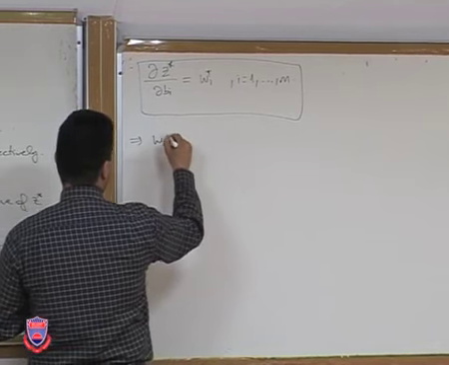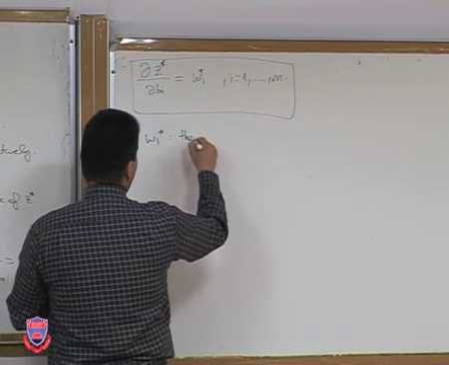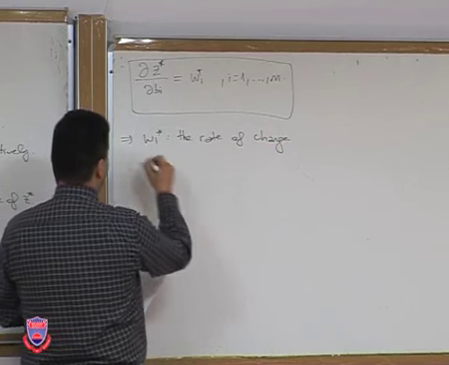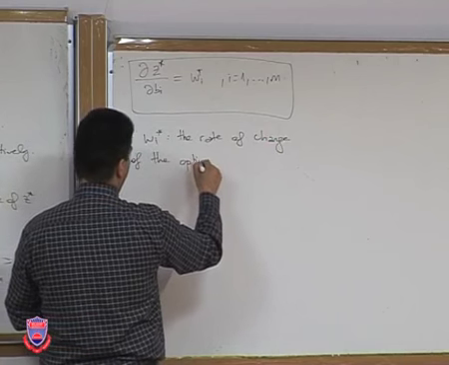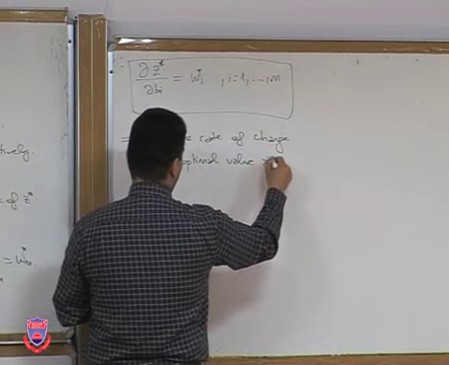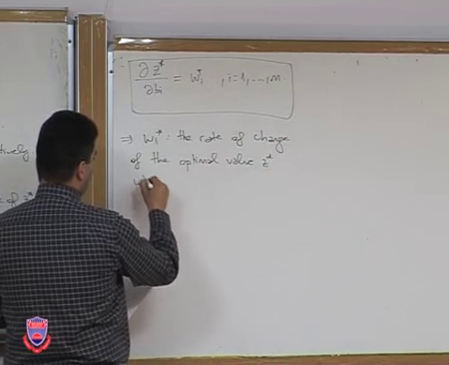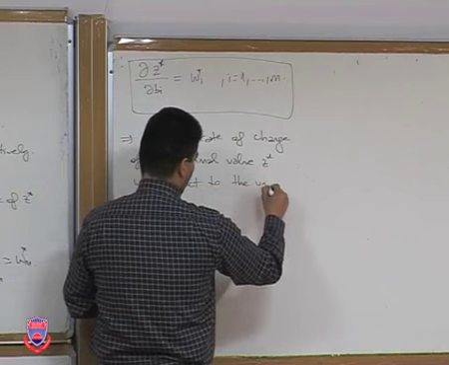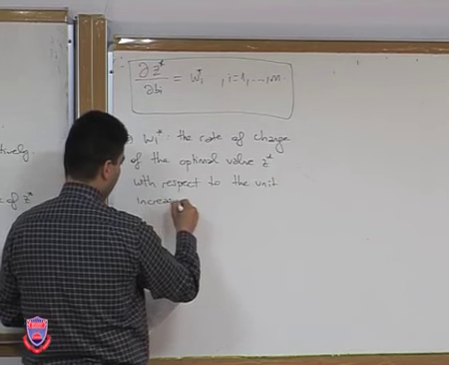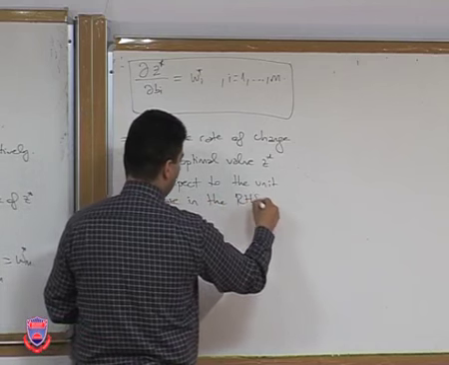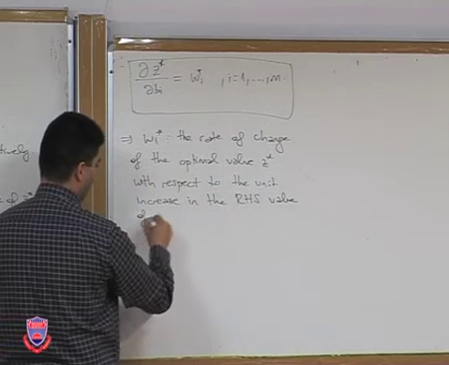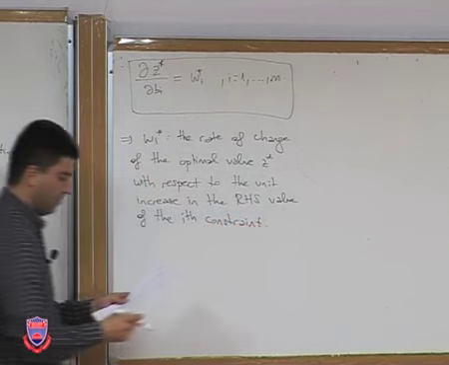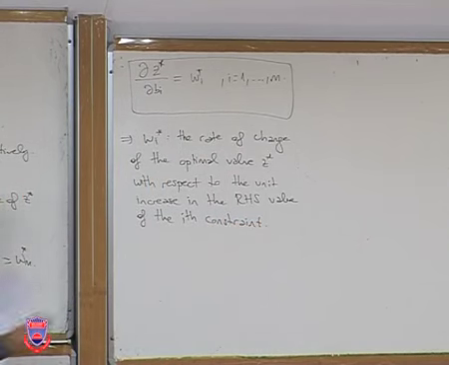This implies that Wi star is precisely the rate of change of the optimal value Z star with respect to the unit increase in the right-hand side value of the ith constraint, of the ith primal constraint.